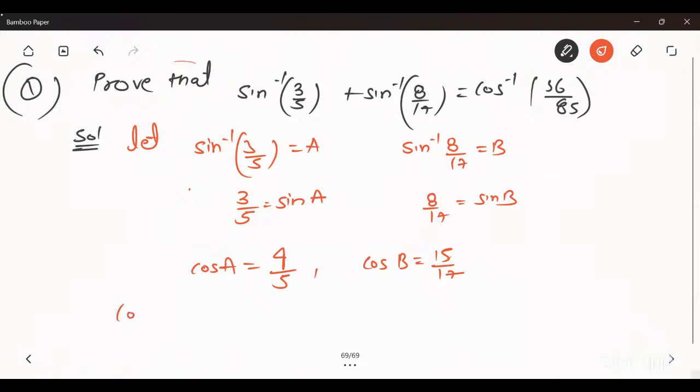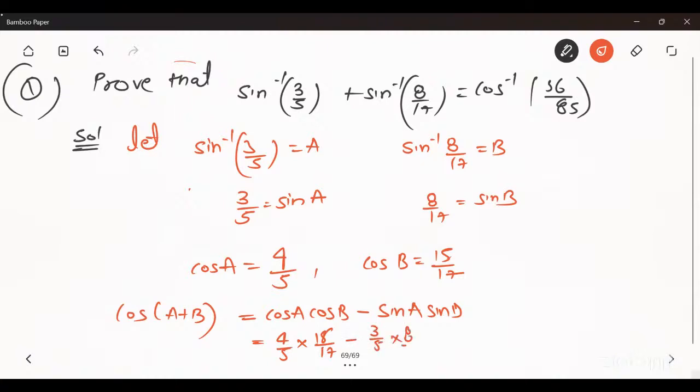Now apply the formula of cos A plus B. Cos A plus B is equal to cos A cos B minus sin A sin B. So cos A cos B is 4 upon 5 into 15 upon 17, minus sin A, which is 3 upon 5, into 8 upon 17.